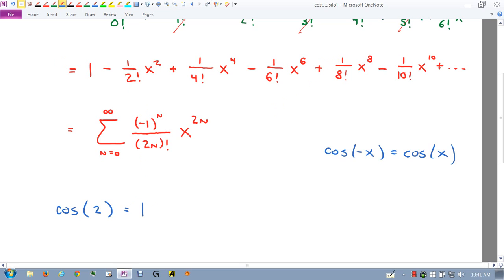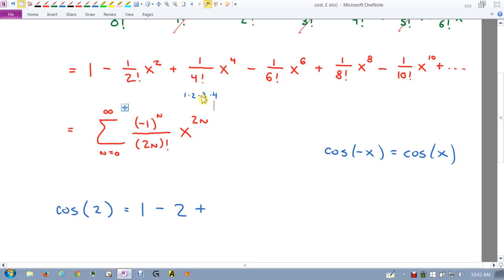So it's going to become 1 minus, let's see, 2 squared is 4, 2 factorial is 2, so this is 4 over 2, right? 4 over 2 is 2. Plus, now what? 2 to the 4th is 16 divided by 4 factorial. So remember, you can say 1 times 2 times 3 times 4, right?